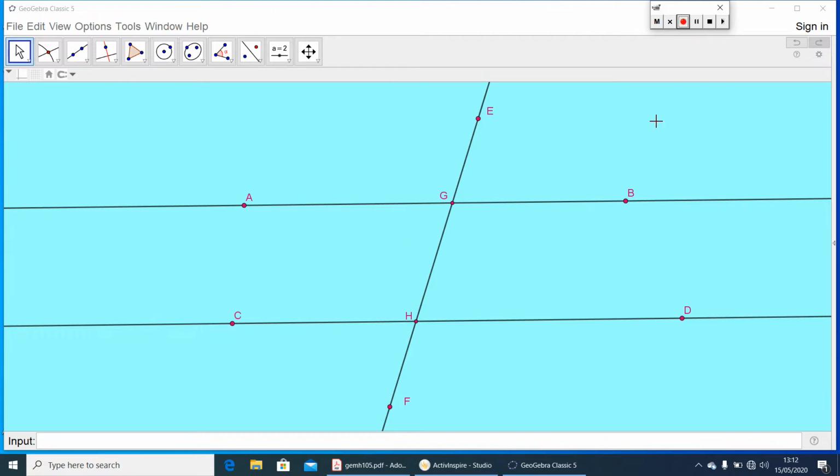Let me measure one pair of corresponding angles. Here you can see both angle BGE and angle DHE are 72 degrees. That means corresponding angles are equal. Now let me change the position of the transversal.